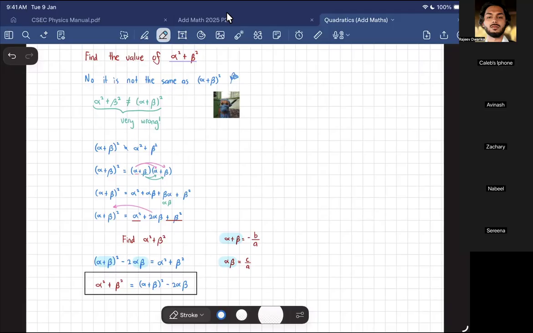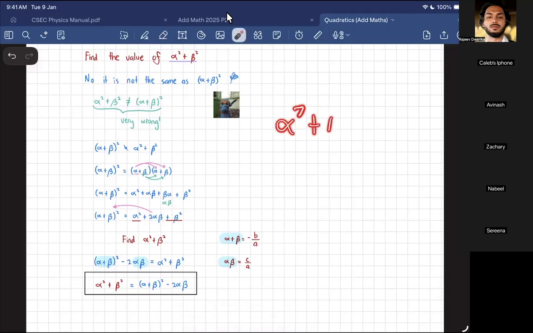It makes it so easy to expand. I could use that to find alpha to the power 7 plus beta to the power 7, and I don't have to multiply it by itself 7 times. It's really cool.